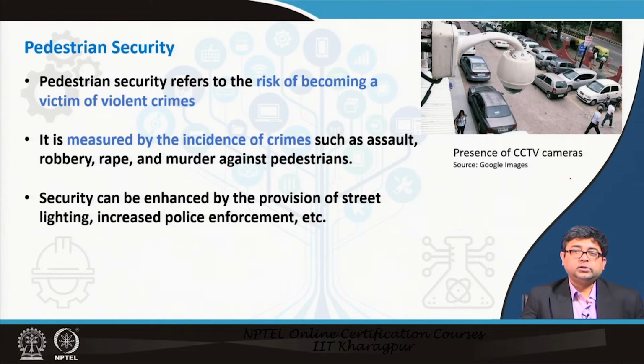Even on a two-wheeler you have the ability to speed away from the situation, whereas when you are a pedestrian, you are usually a vulnerable road user and you may be vulnerable to different forms of assault. So, that is the aspect that security deals with, and safety deals with the accident part of the risk.